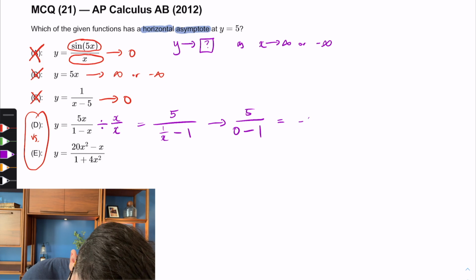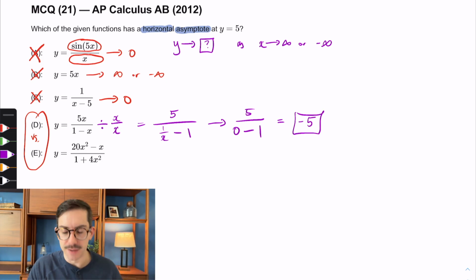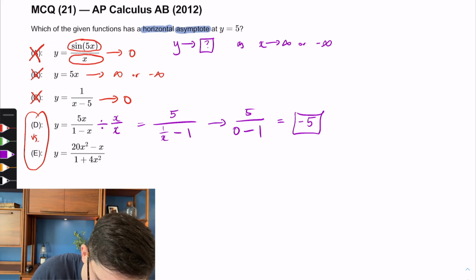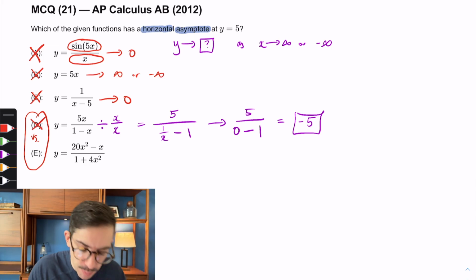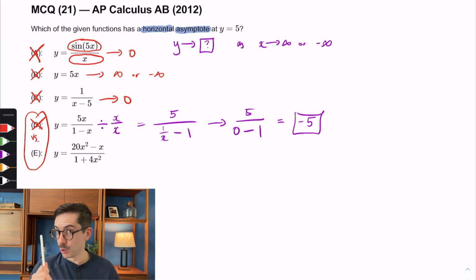So if I simplify that, that gives me minus 5 as my horizontal asymptote, y equals minus 5. So we should probably check part E, but if we're short on time on the AP exam and we're confident in our work so far, we could just say process of elimination, it has to be E.